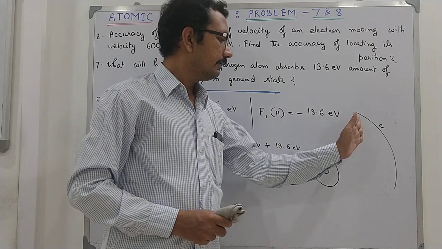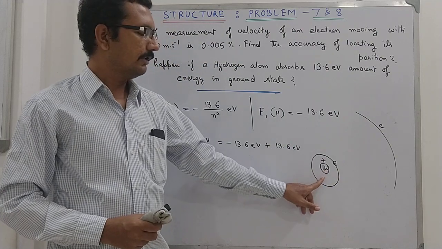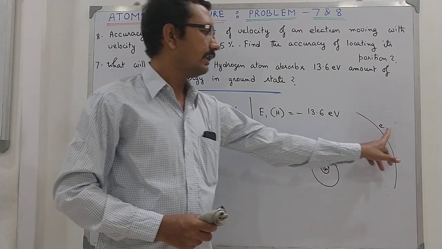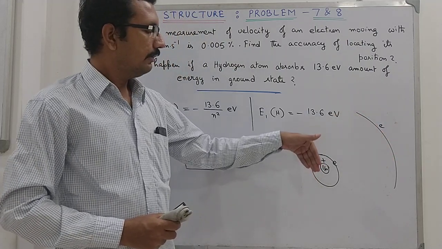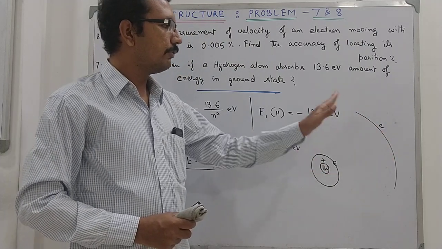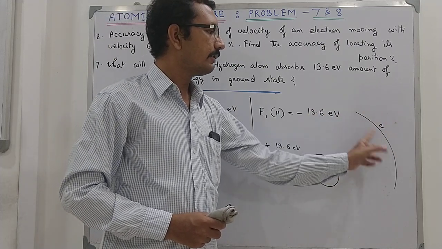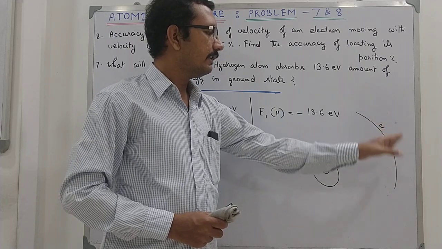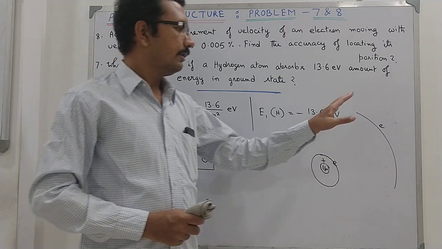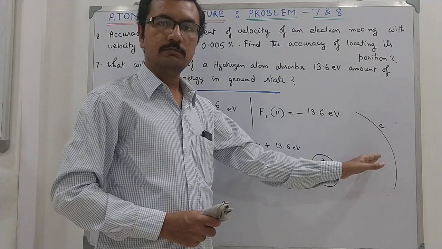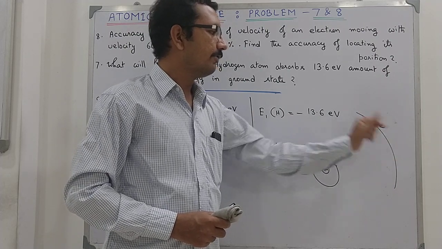And this distance will be referred to as the infinite distance from the nucleus. So the electron will have no potential energy, since it is not within the field of this positive charge, so no attraction, so no potential energy. And there is no repulsion also, since there are no other negatively charged particles present at this place. So it is devoid of any kind of attraction and repulsion. So the potential energy will be 0 here.